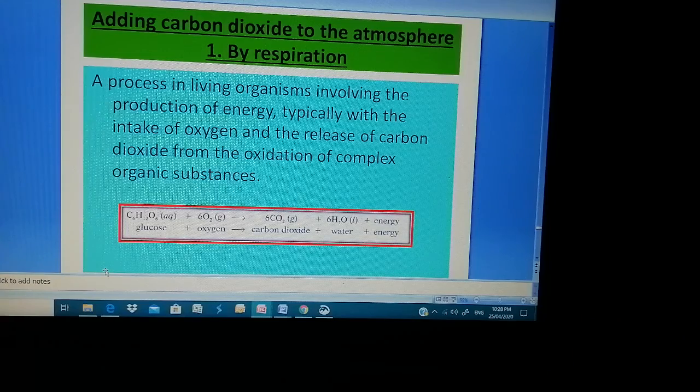You can see here, glucose reacts with oxygen to form carbon dioxide and water, and a large amount of energy is released. This energy we are using for our work. Here also carbon dioxide is released to the atmosphere.